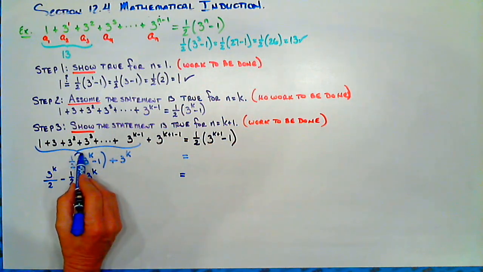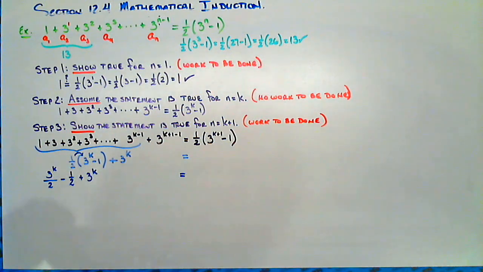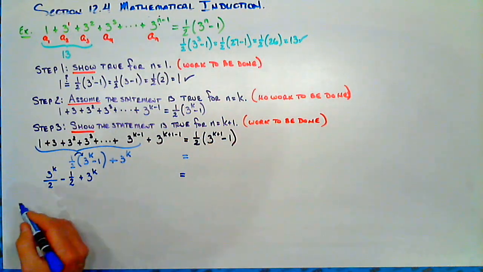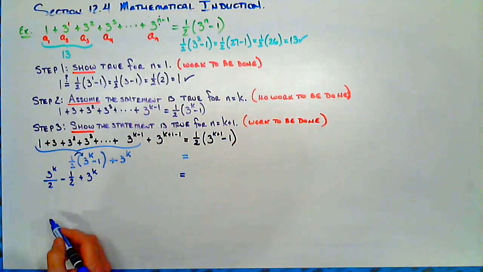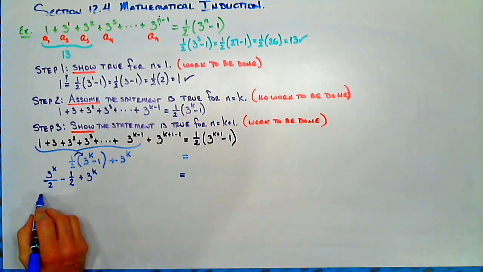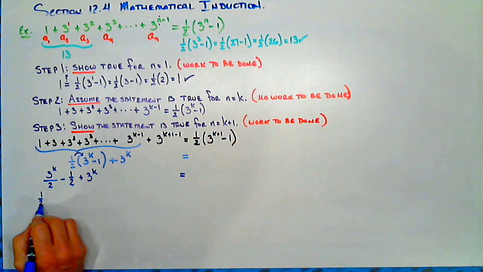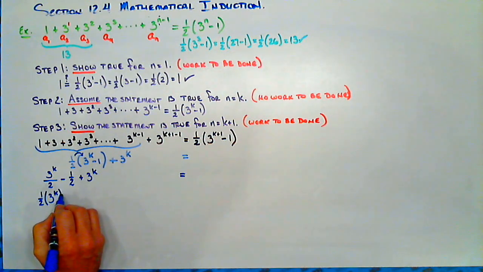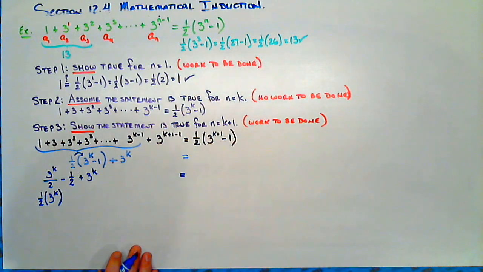I took 1/2 times 3 to the k, and I correctly expressed that as 3 to the k over 2. But I'm going to go back and think, maybe there's a better way of writing that. Maybe it's better if I write that as a half times 3 to the k.